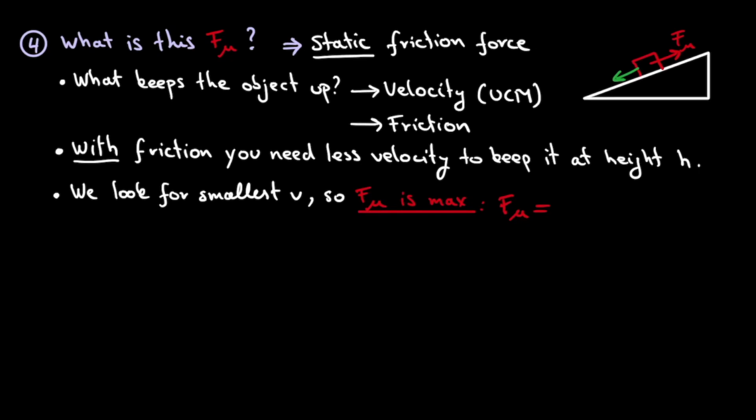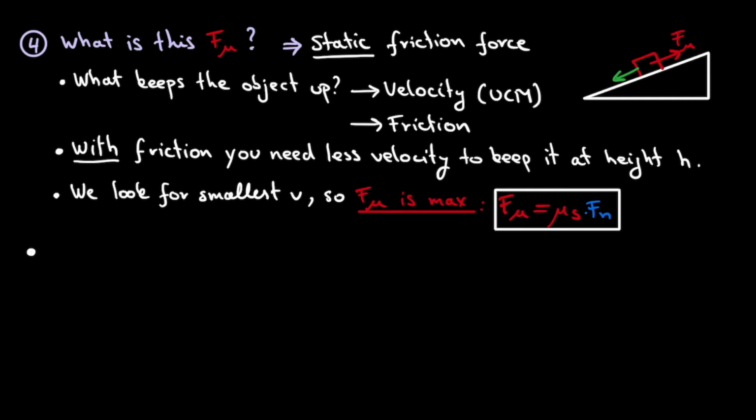Now, there is in fact an expression specifically for the largest static frictional force, which is equal to the static frictional coefficient μs multiplied by the magnitude of the normal force. And this is actually very good news, because this simple equation links the magnitude of the frictional force in our equations with the magnitude of the normal force in our equations.